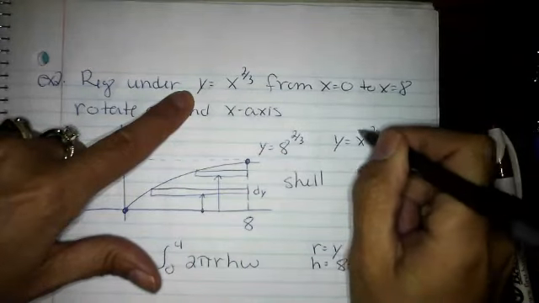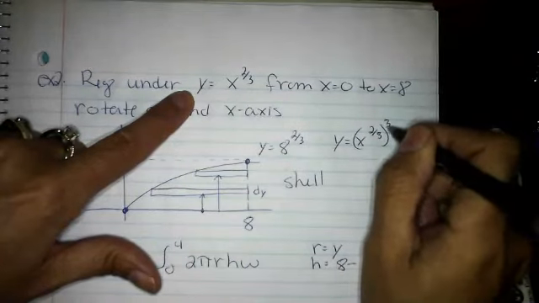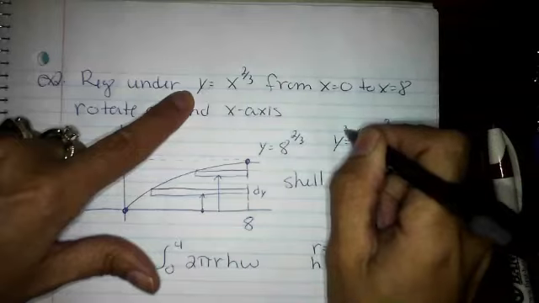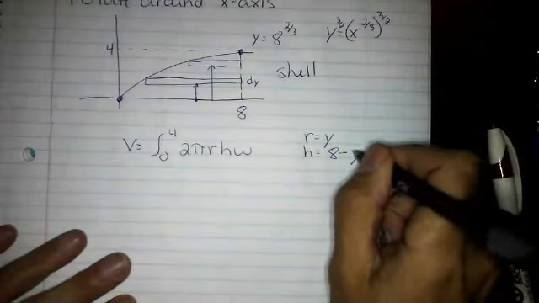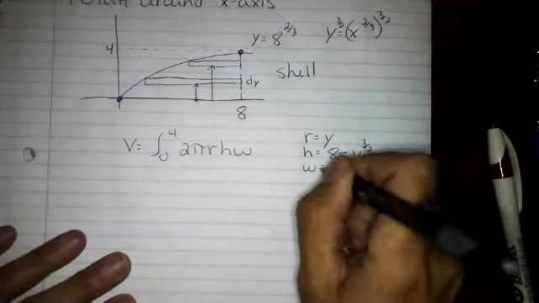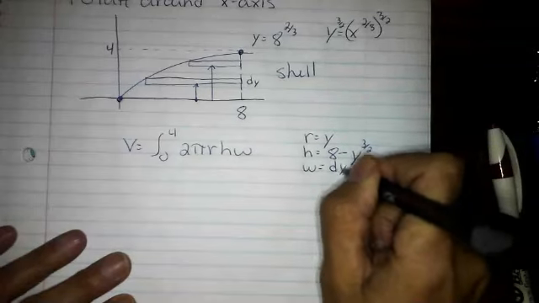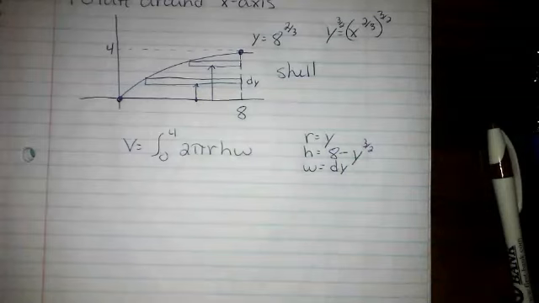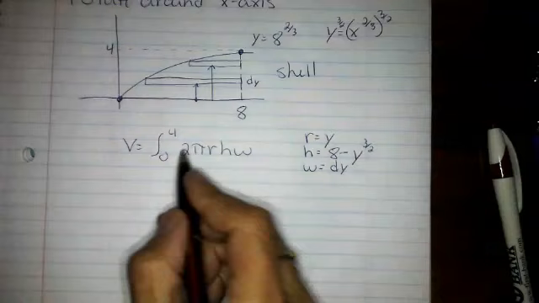And remember, all I've got to do is raise to the reciprocal power. So that'll be y to the 3/2. And my w is going to be dy. So radius is always either x or y. Height, top minus bottom, or right minus left. And width is dx or dy. Okay, substituting in.